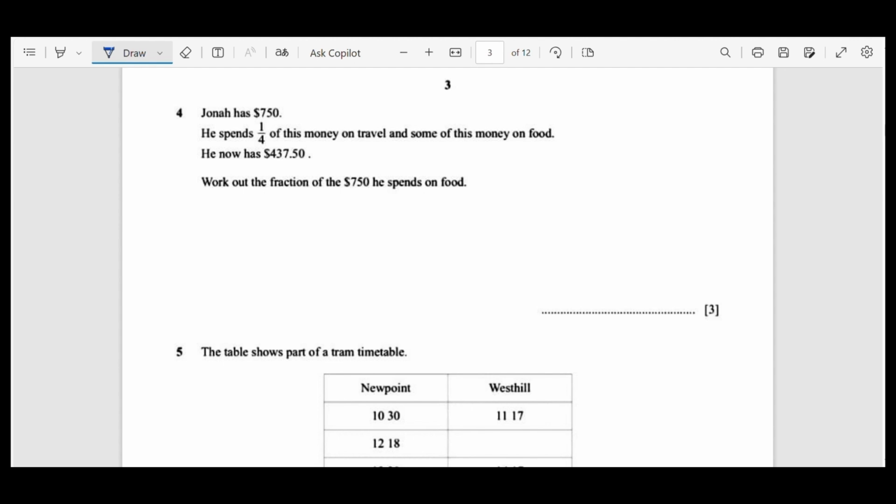So on travel he had spent 1/4 of 750, which will be equal to, we will use the calculator, 187.50, right?